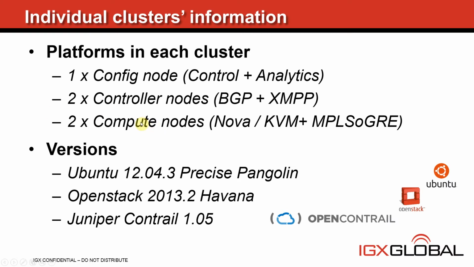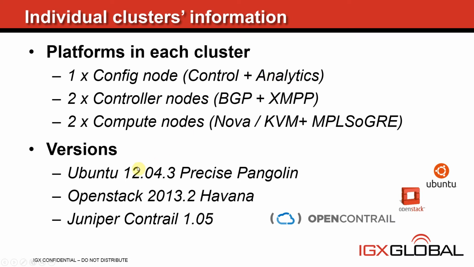Each compute node is a server that will run our virtual machines as well as one vRouter instance. The controller nodes will be an additional server that will provide us communication for BGP. And the configuration node will enable us to control all these elements in our setup, as well as gather analytics out of every type of element that we are running in our Contrail solution.